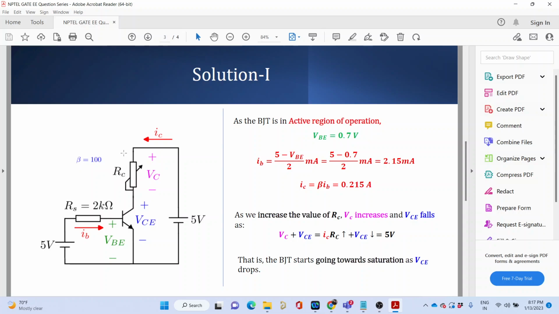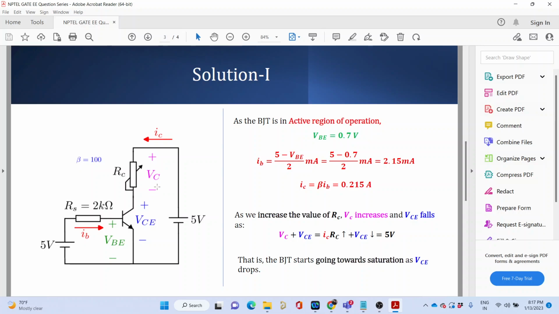If it is in active region, IB is constant, beta into IB is also constant, that is IC is also constant. As I increase RC, the voltage drop, that is VC, which I have indicated in pink in this diagram, keeps on increasing, correct?